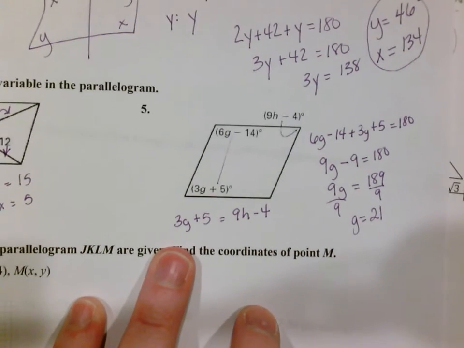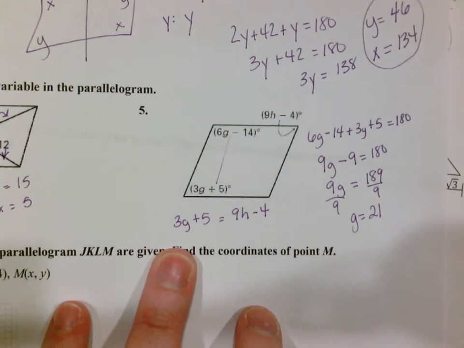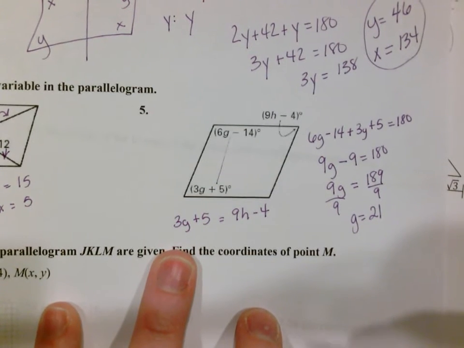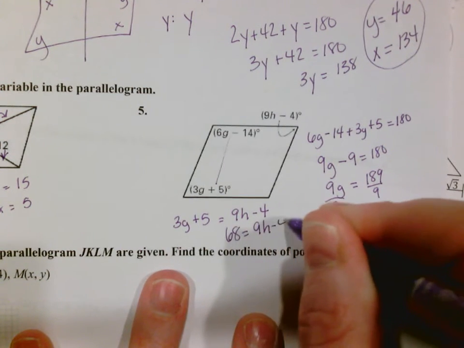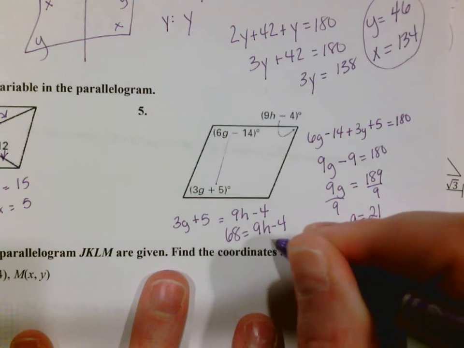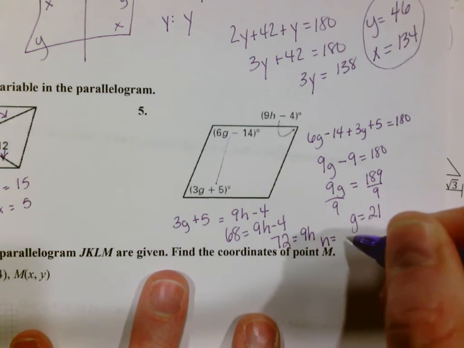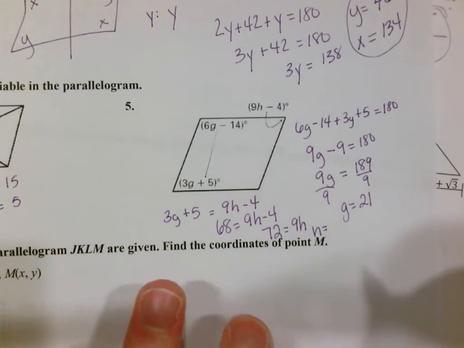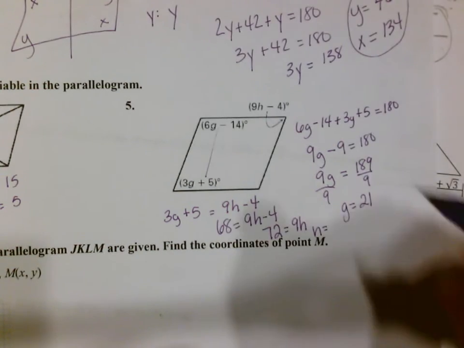So 3 times 21 is 63 plus 5 is 68. So 68 equals 9h minus 4. Add 4 over. 72 equals 9h. Divide by 9. H equals, I want to say 7, but I don't know. Nope, it's 8. 72 divided by 9 is 8. So H equals 8.